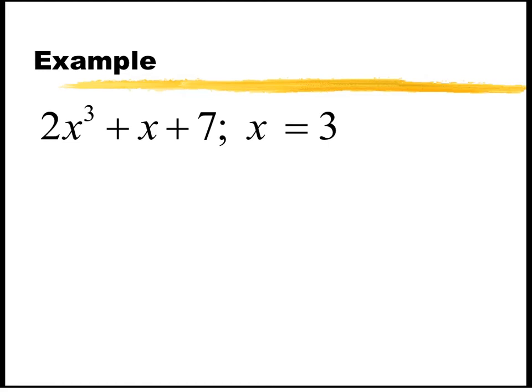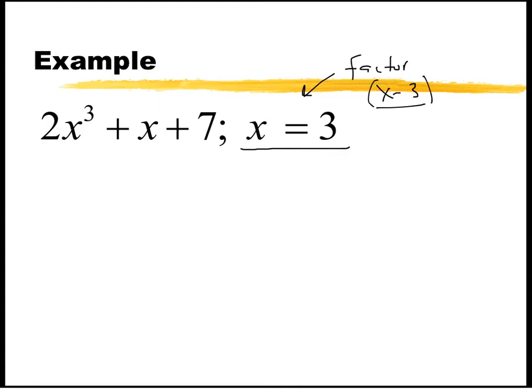Okay, so we're going to do another example here of synthetic division. We're going to see if we can divide out, it's not really 3 that we're dividing out, we are trying to factor x minus 3 out.